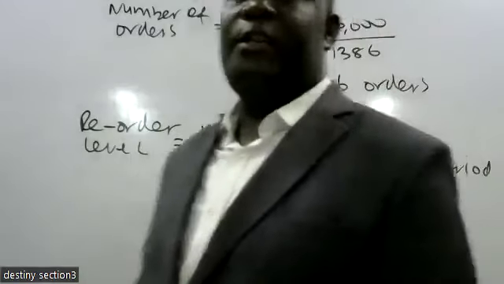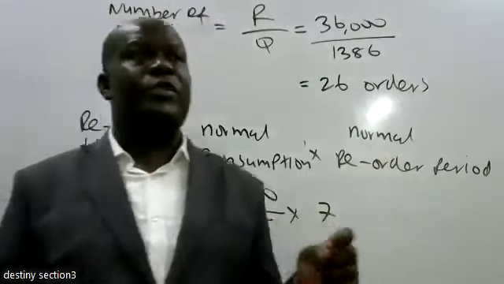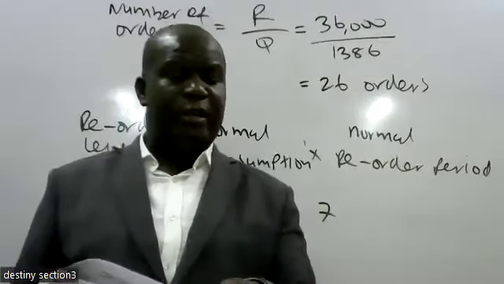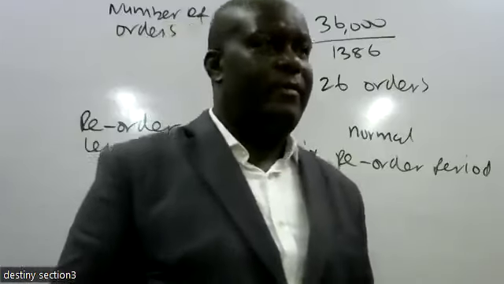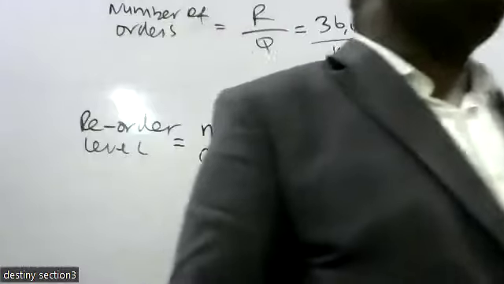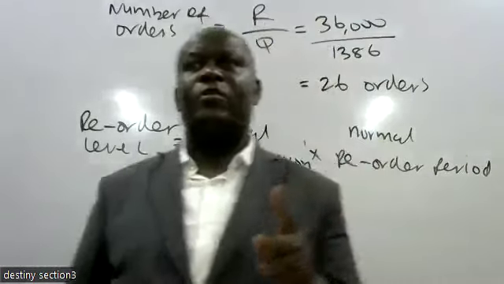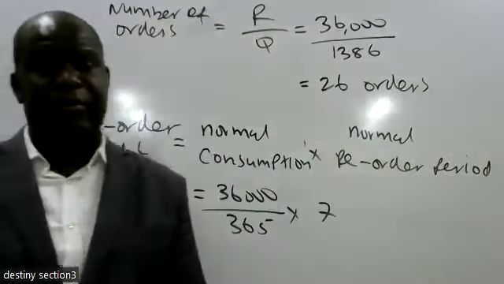So we shall get the total cost at the economic order quantity. Also get the total cost when an order is how many units? 2,000. Then you compare them and check which one has a lower cost. Is it the one at economic order quantity or at the order they have given you as 2,000?